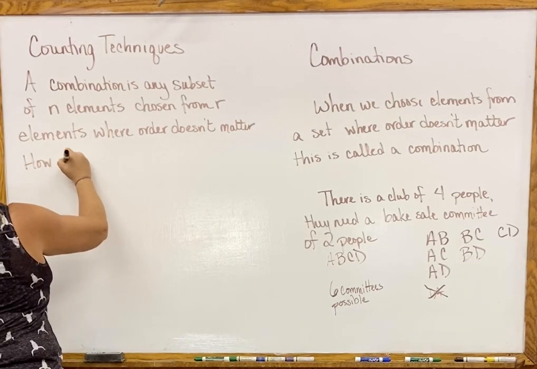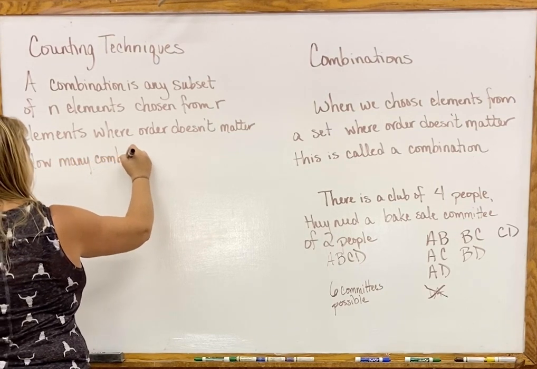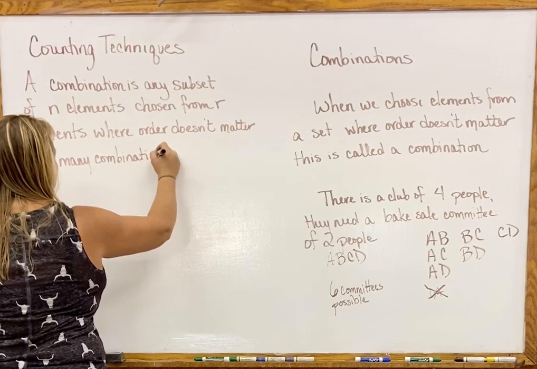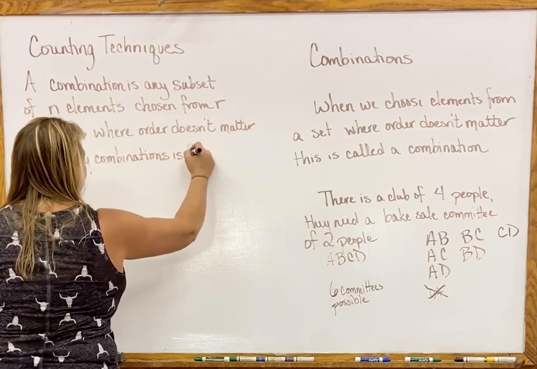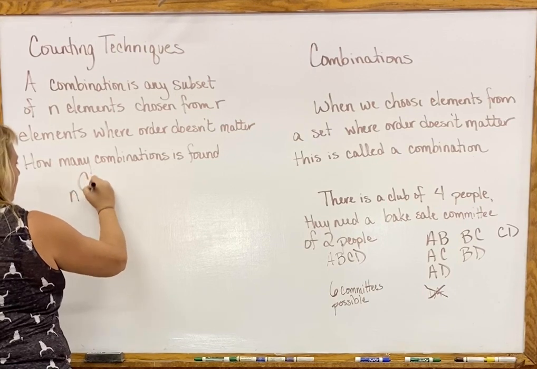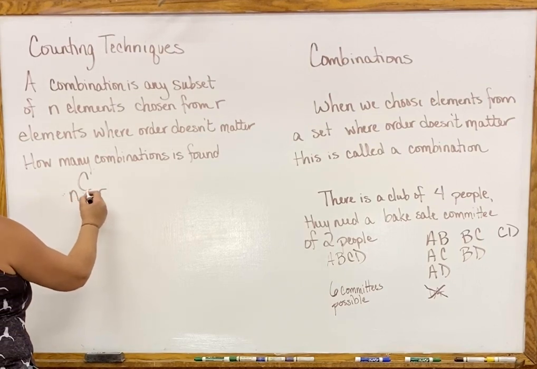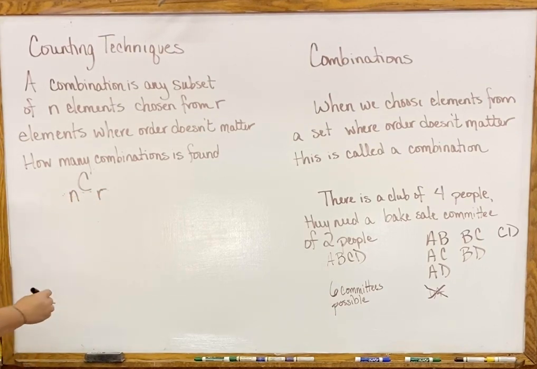How many combinations is found, written either nCr, okay, like that, where the C is a capital C and the n and the r are subscripts.